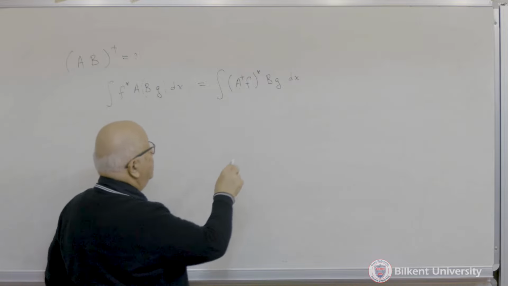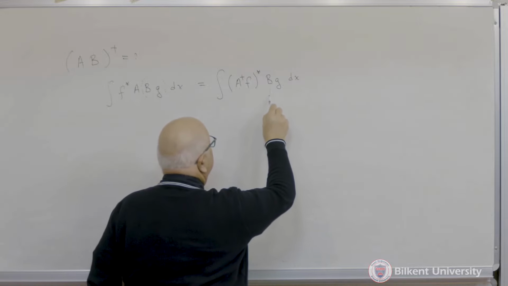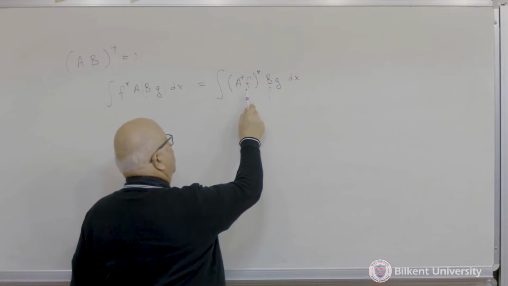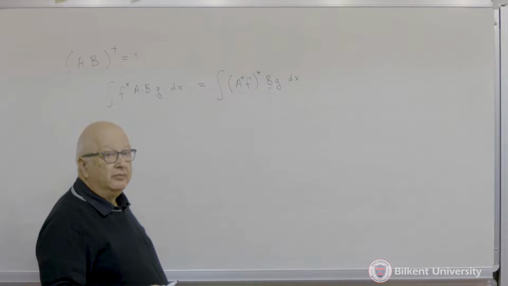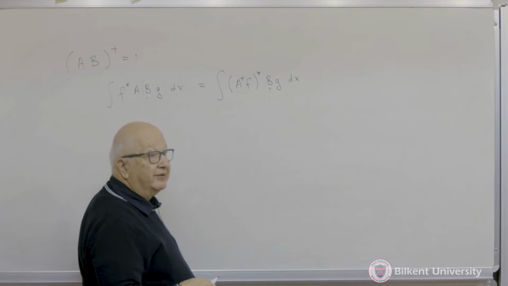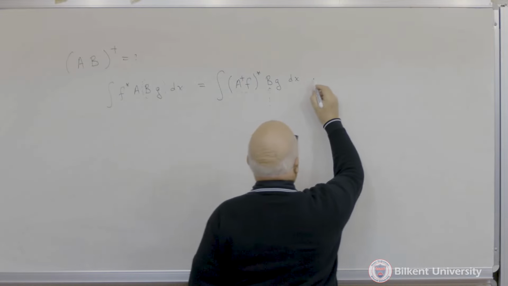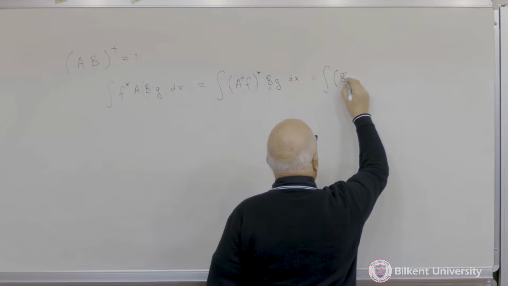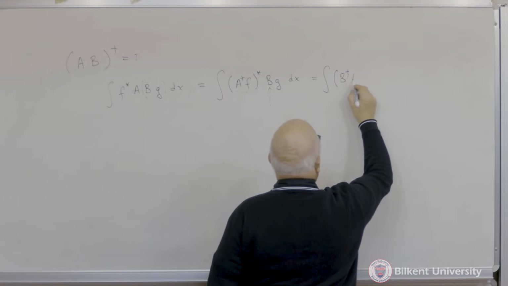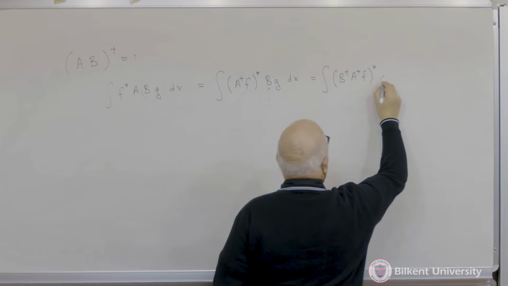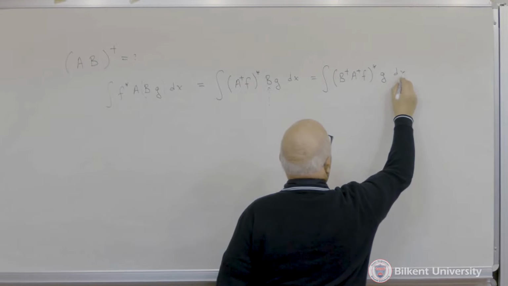But now I can look at this operator, and this is my new left-hand side. So now I can move that into the left-hand side, and I'm going to get the integral of the adjoint of B acting on the left-hand side, A dagger F complex conjugate, G dx.